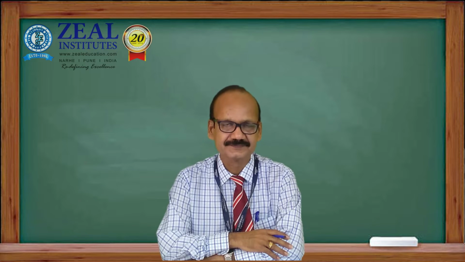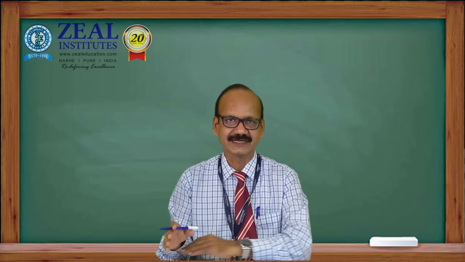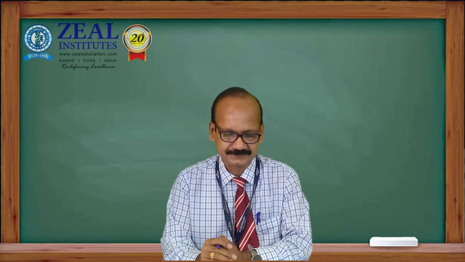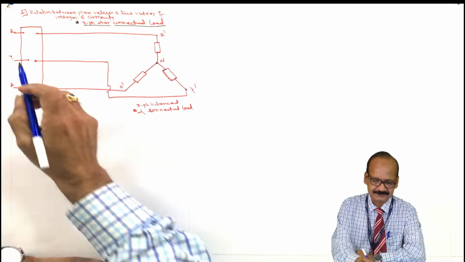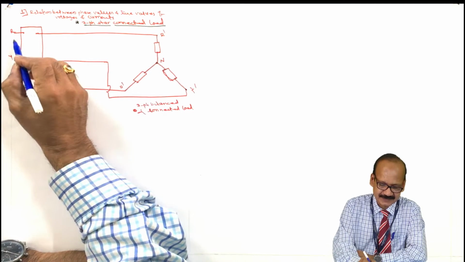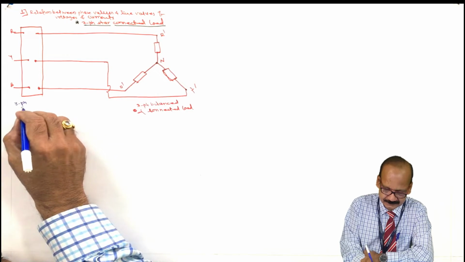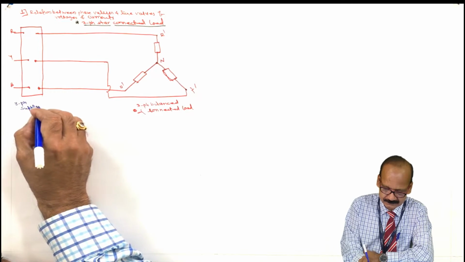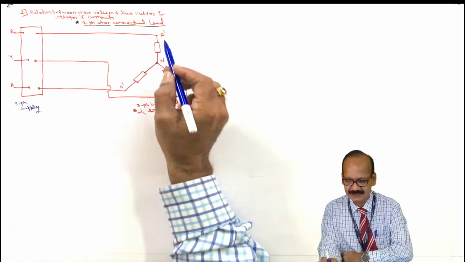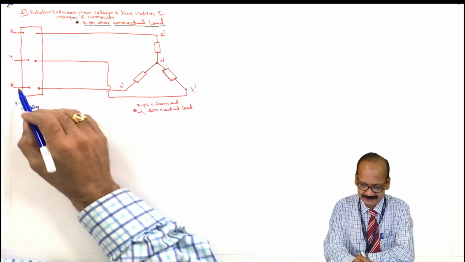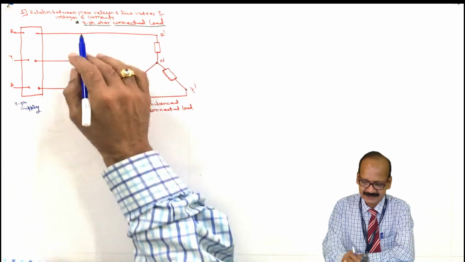So let us start. Let us draw the diagram for the star connected balanced load. So here this is the supply system RYB, three-phase supply. And this R to R dash is the line, Y to Y dash is the line, and B to B dash, these are the three lines.